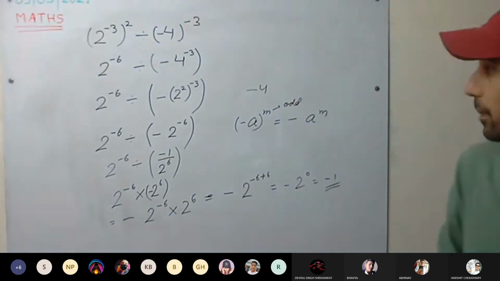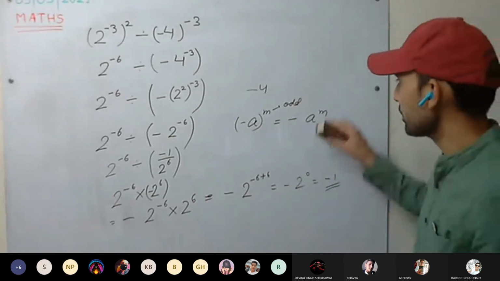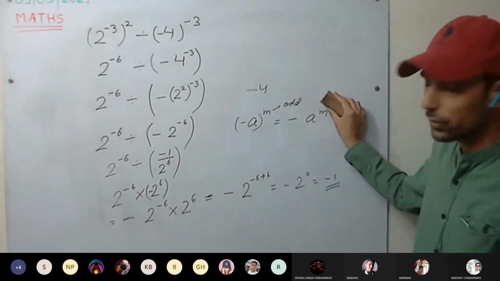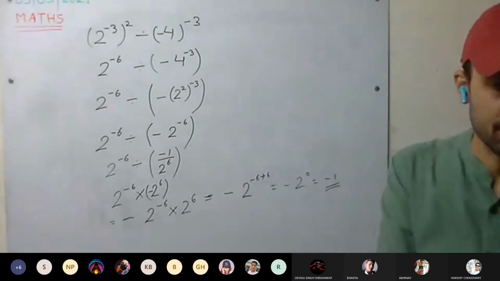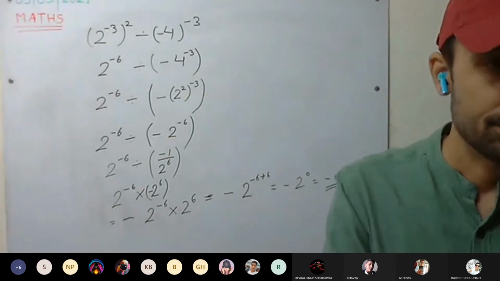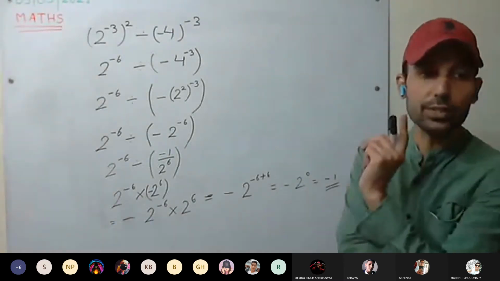Have you understood? Anyone who hasn't understood, just let me know, or else you won't be able to solve the second one. Anyone have a doubt? So we have gone stepwise.